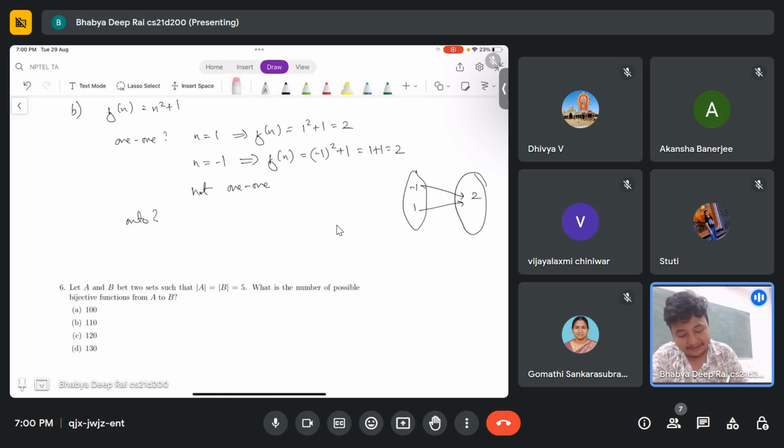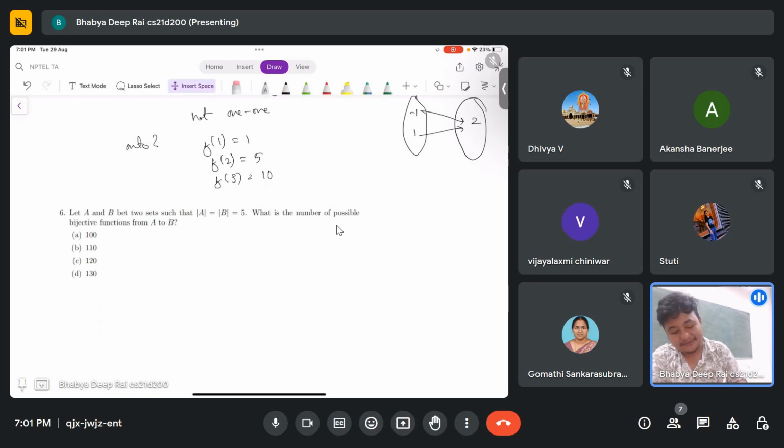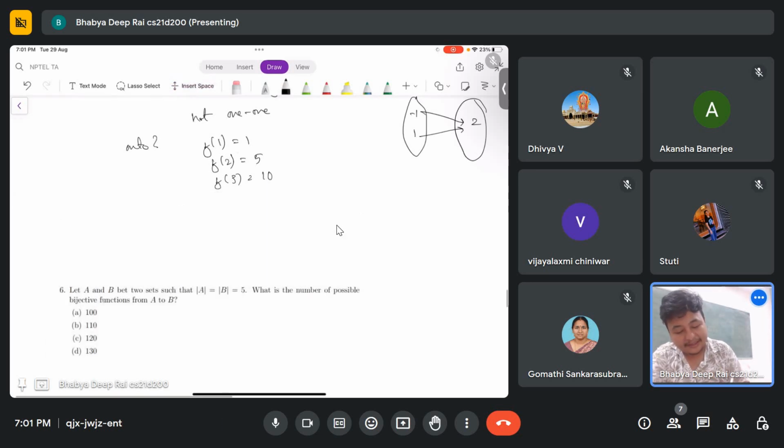If we look at f of 1, then it is 2. f of 2 is 2 square plus 1, which is 5. f of 3 equals 3 square plus 1, which is 10. And you can already see that we are actually leaving out some things in between. For example, 2 does not feature here. No input will give me 2.